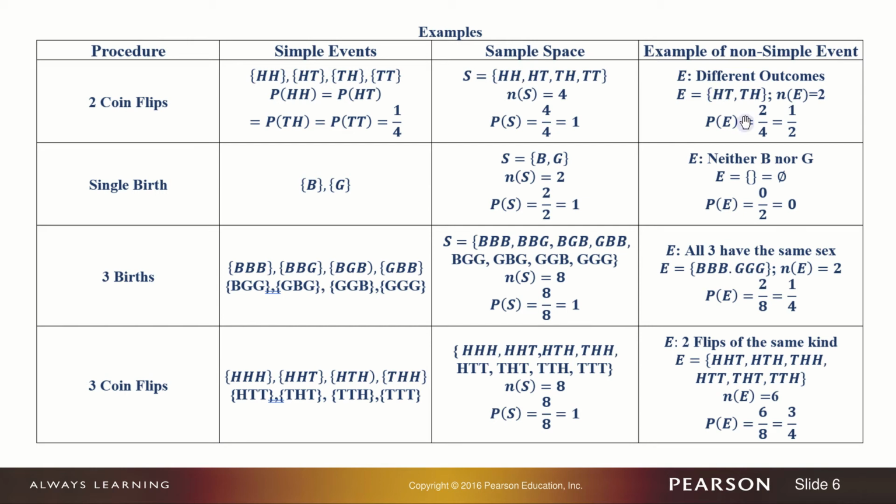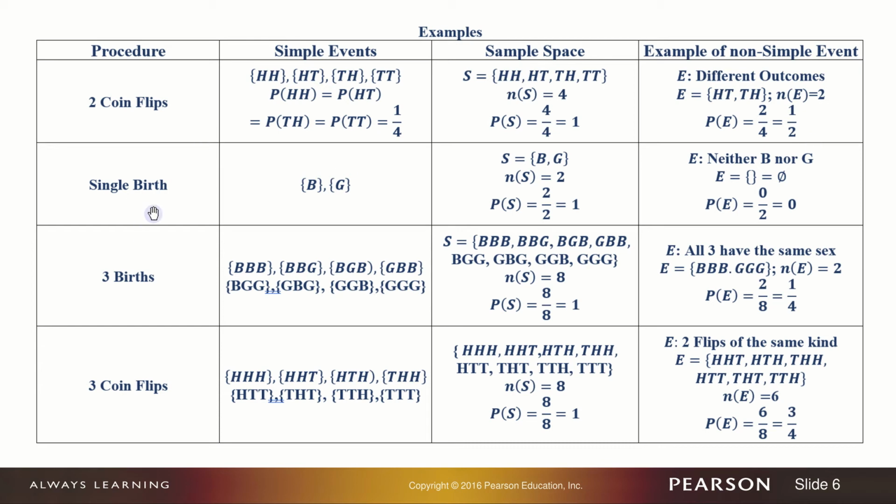Remember that that's going to include both of those simple events, HT and TH, so both of those simple events comprise this one non-simple event. So the cardinality of the event will be 2, and the probability of the event will be 2 out of 4, which is 1/2. So when you flip a coin twice, the probability that you're going to have different outcomes, one being head, the other being tail, is 1/2.